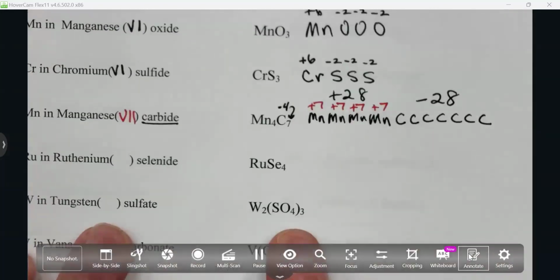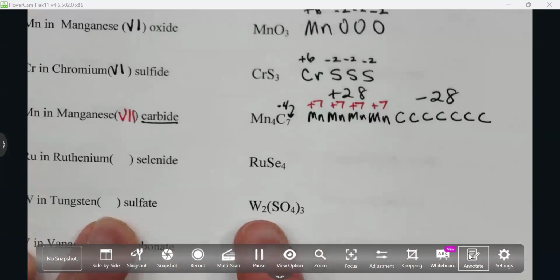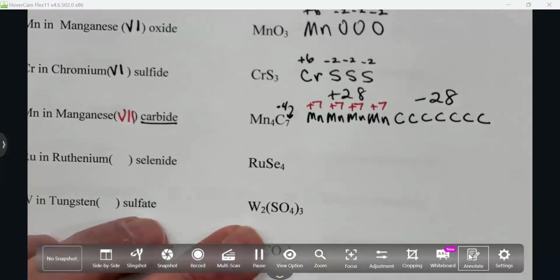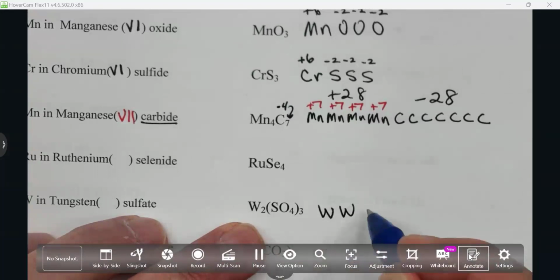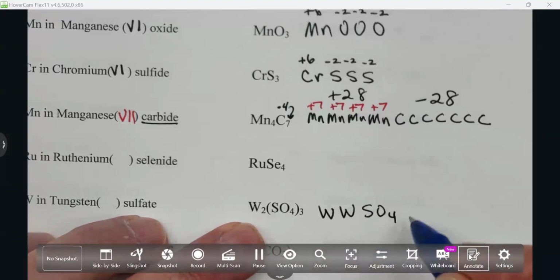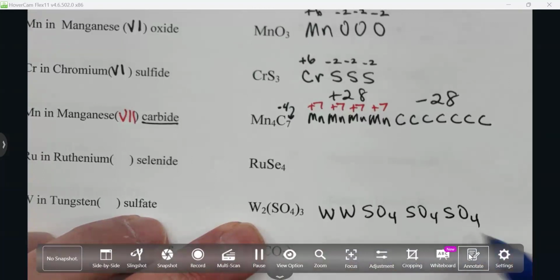Okay. Let's go down to 15. We have tungsten sulfate. Here's what we have. We're going to write these compounds yet before we leave. Sulfate.